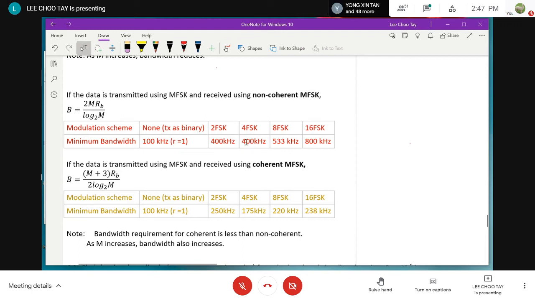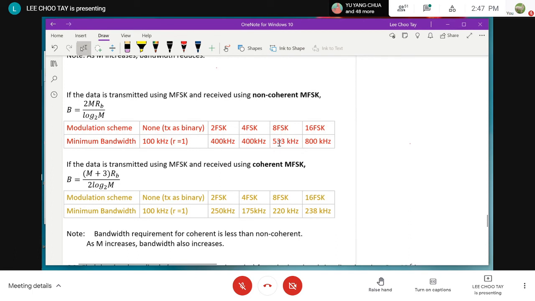I guess they play with the frequency separation. You need to play with the frequency separation in order to get the same bandwidth. And if you move on to 8FSK, then it's 533 kilohertz.